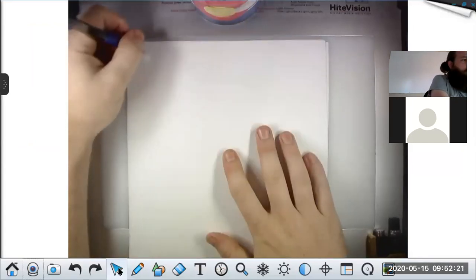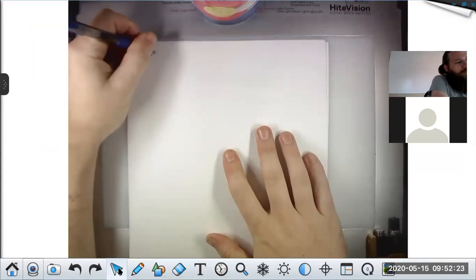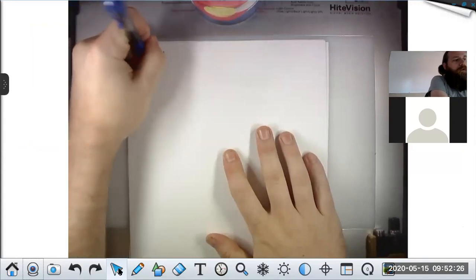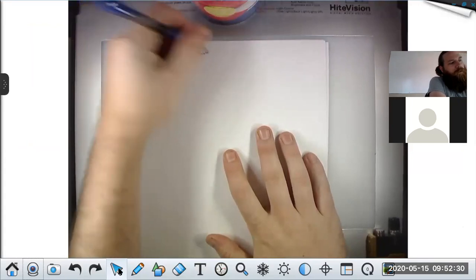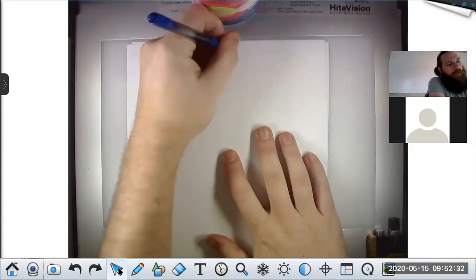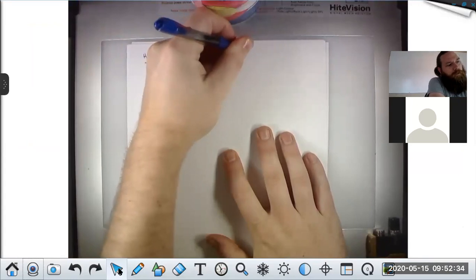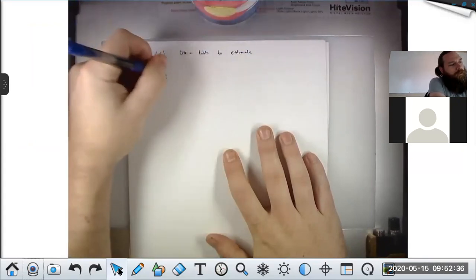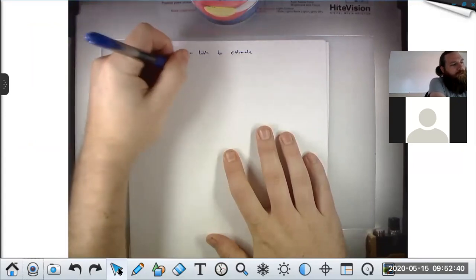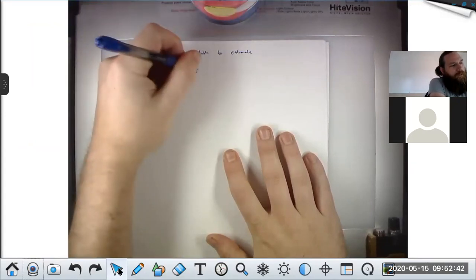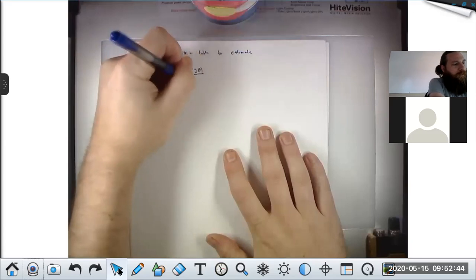So this is homework 1, question 6, and they want us to use a table to estimate the limit as theta goes to 0. Maybe 0.1, 0.01, and 0.001.